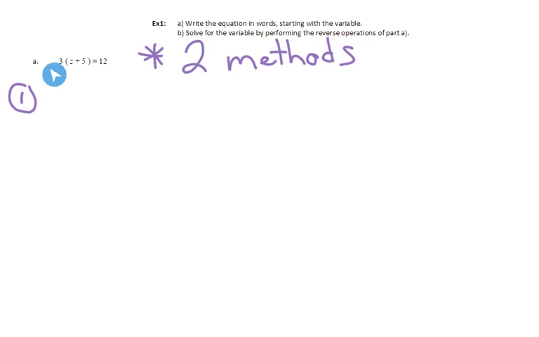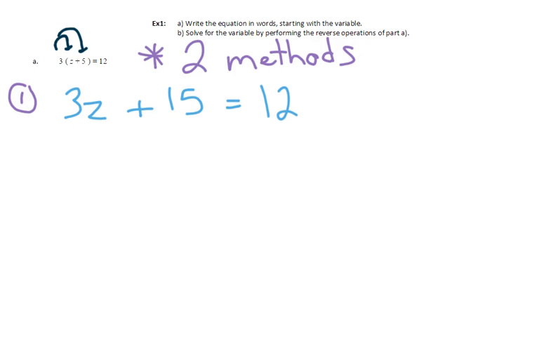Okay. So let's go ahead and use what we've been doing the past few days, using our distributive property. So we'll go ahead and distribute the 3 into the brackets. And we have 3 times z plus 15 equals 12.